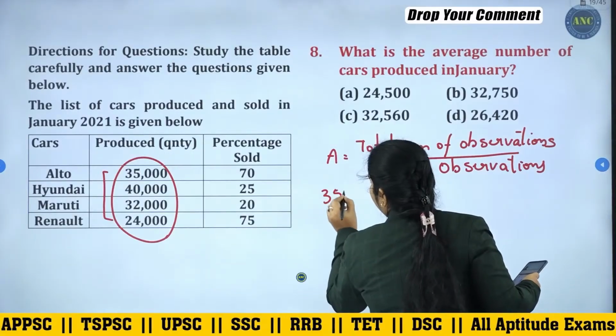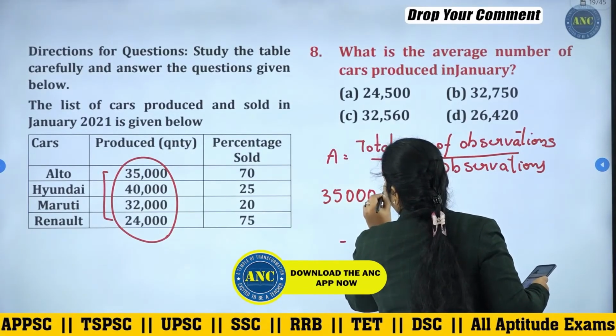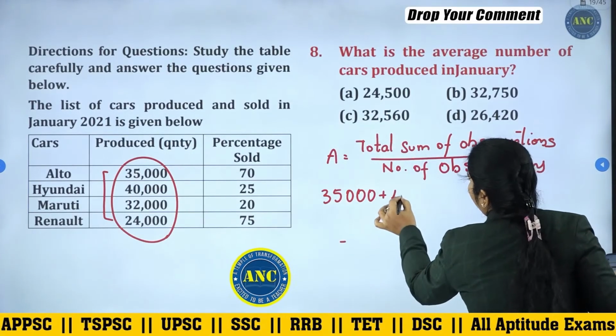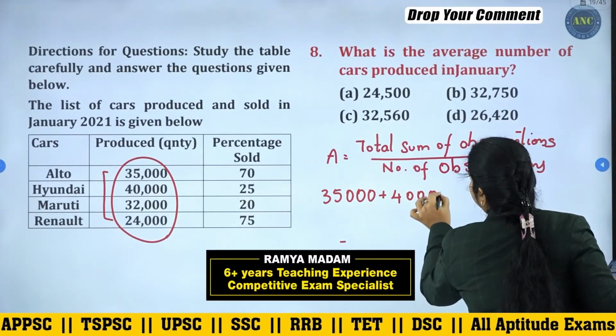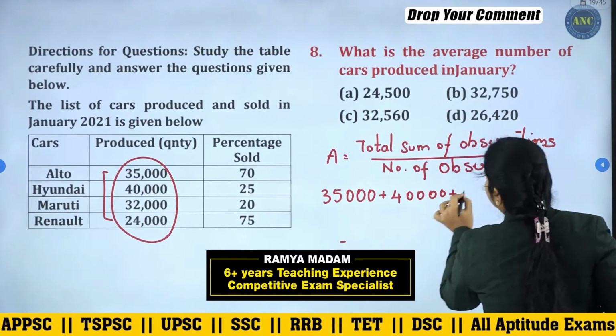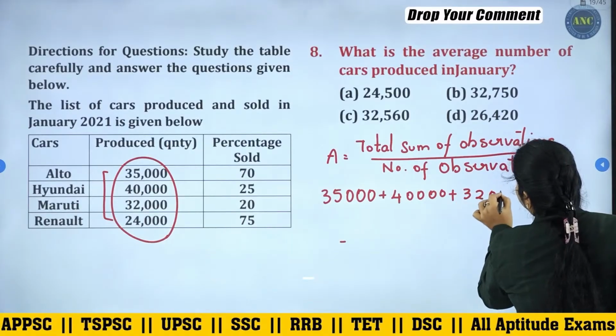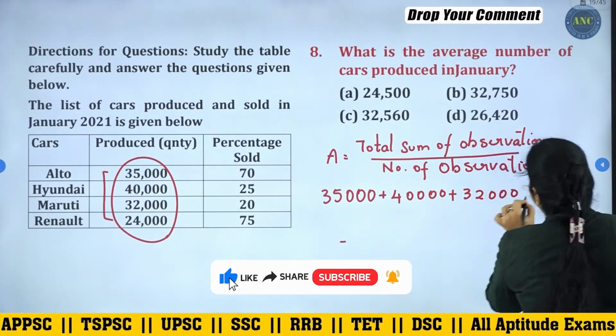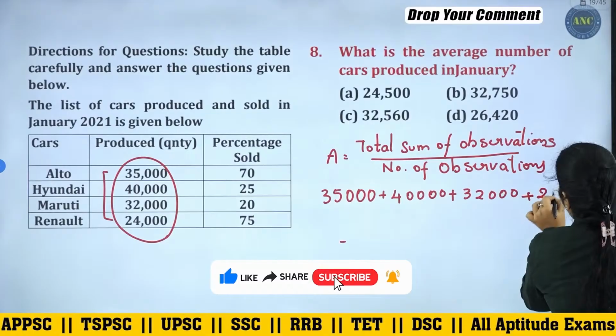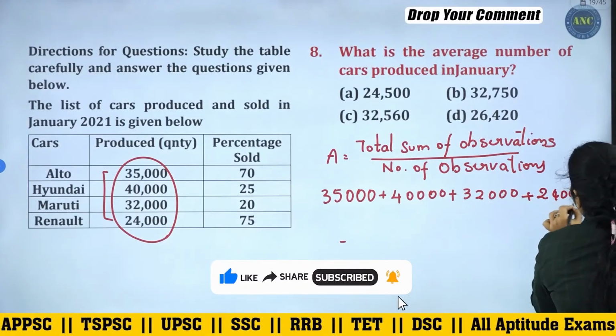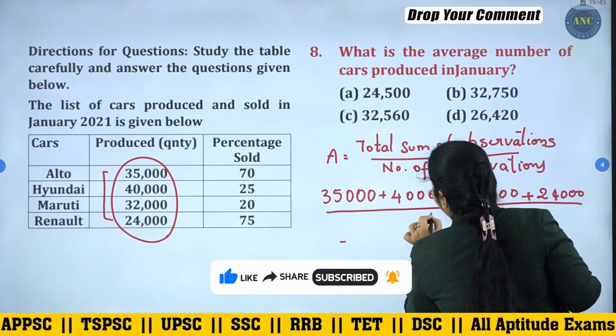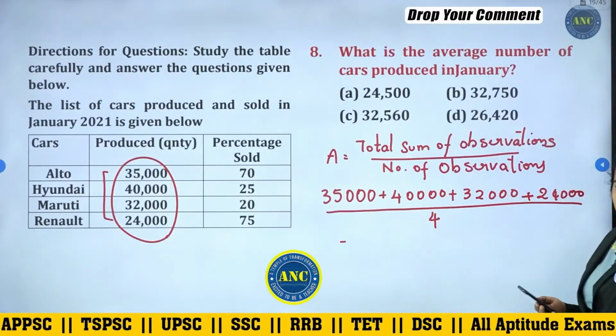35,000 plus 40,000 plus 32,000 plus 24,000 divided by how many observations? 4 observations.